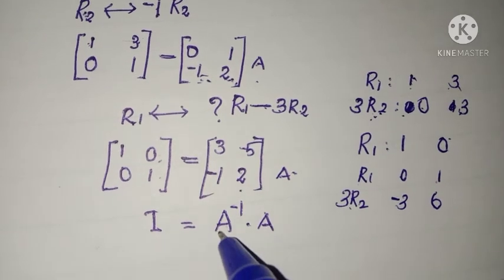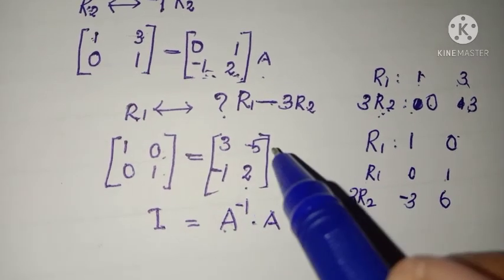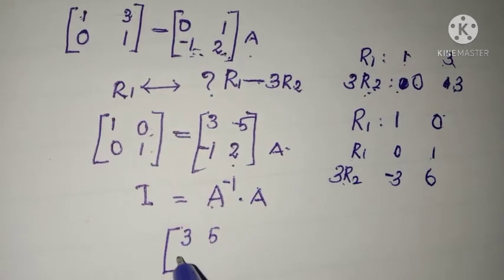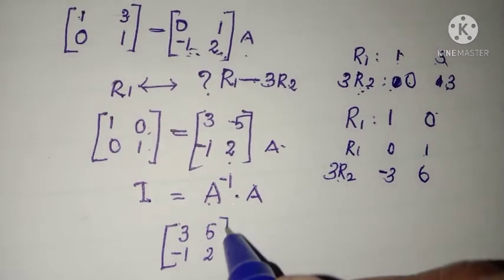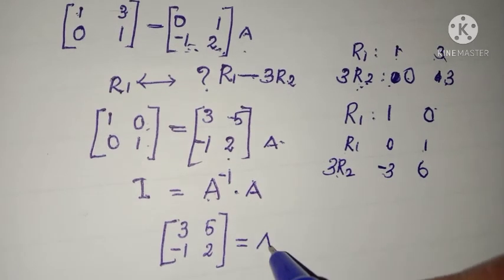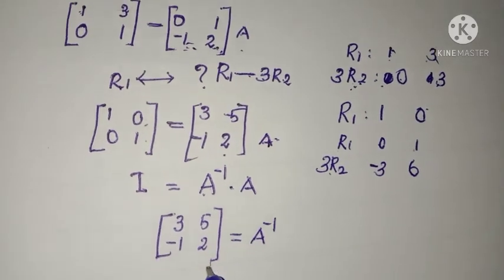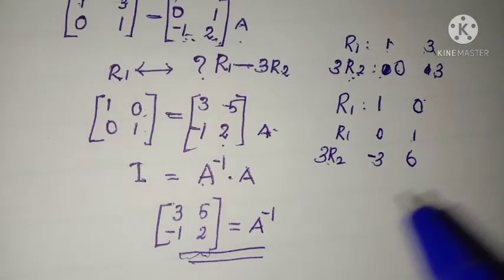A into A inverse gives the identity matrix. Therefore, the matrix 3, 5, minus 1, 2 is the required inverse of the matrix A. Okay. So this is our answer.